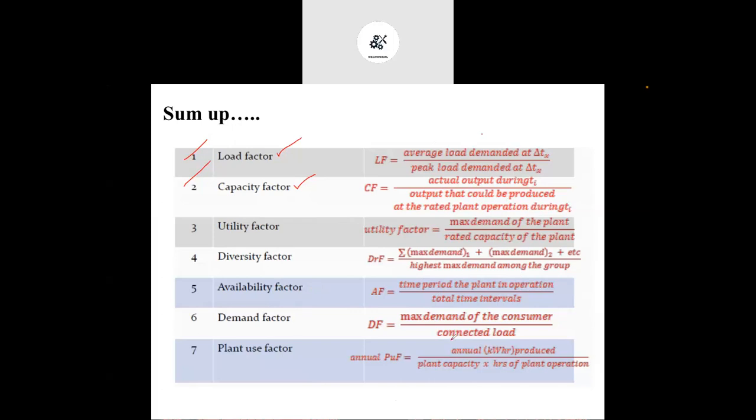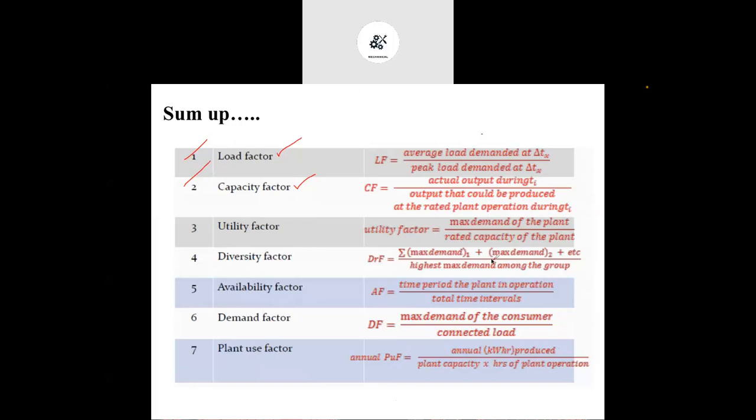It gives you the availability of the power plant. Demand factor is the ratio of maximum demand of the consumer divided by connected load, and plant use factor is defined as annual produced power divided by plant capacity times hours of plant operation.